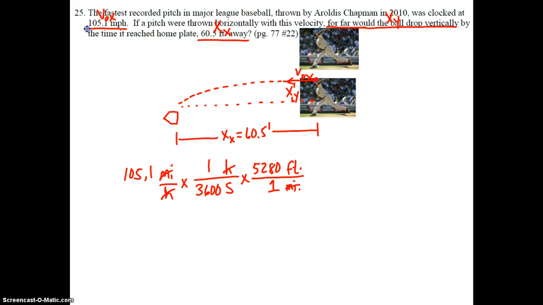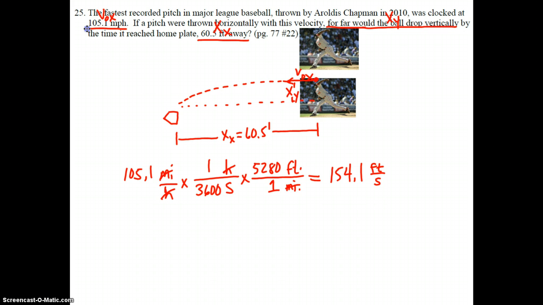So we multiply 105.1 times 5,280 and divide by 3,600, and we get, to 4 digits to not figure ourselves out of an answer here, 154.1 feet per second. Really hard to imagine that.